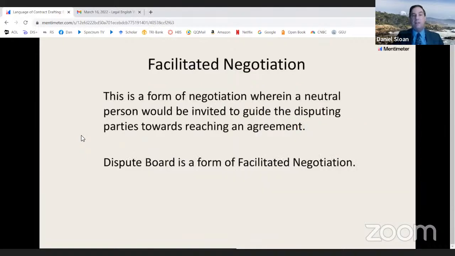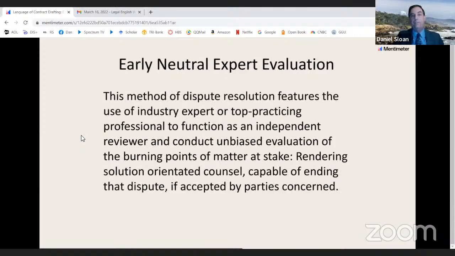Then we have facilitated negotiation, another form. This is a form of negotiation where a neutral person is invited to guide the disputing parties towards reaching an agreement. A dispute board is a formal facilitated negotiation. Or an early neutral expert evaluation. Sometimes the parties will turn to a neutral that is an expert in the field, which is a form of dispute resolution.